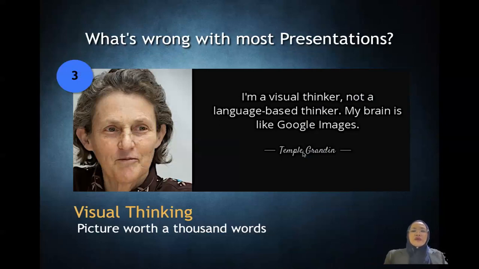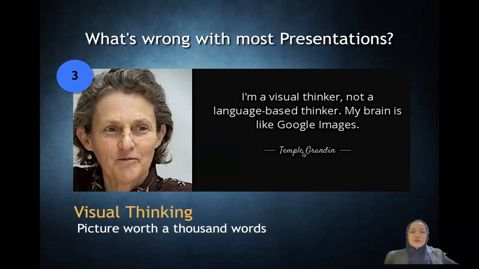Also, you need to take note that a lot of us are visual learners and visual thinkers. We learn better by looking at visuals. Visuals really help to give a clearer explanation, instead of just using text. With visuals on top of the text, it delivers better understanding, as with the lady here, Temple Grandin.